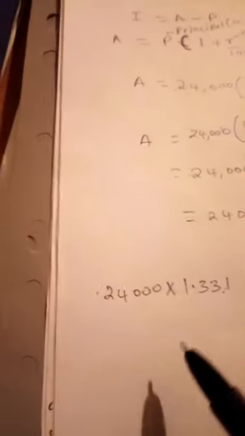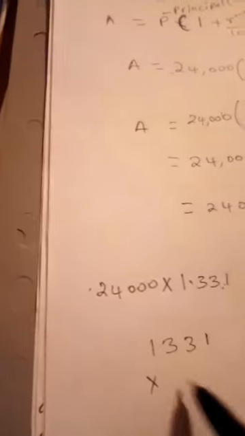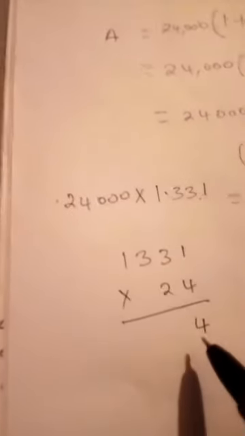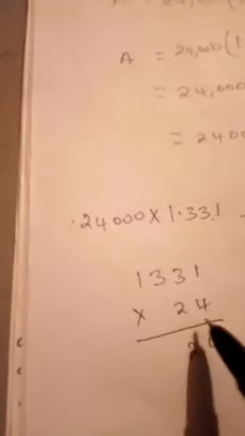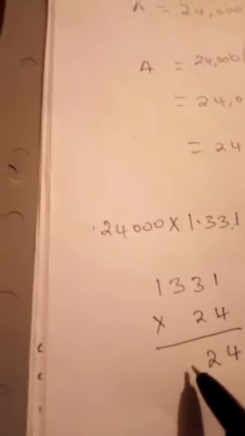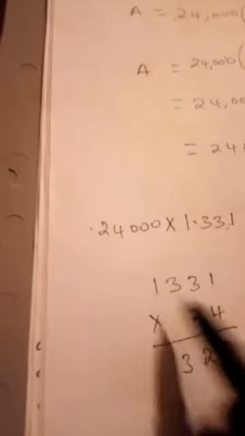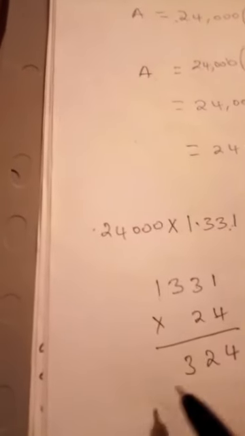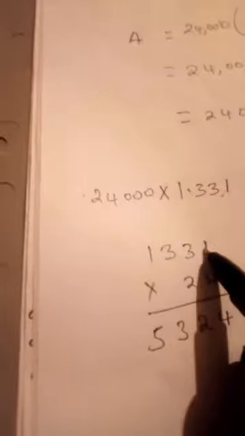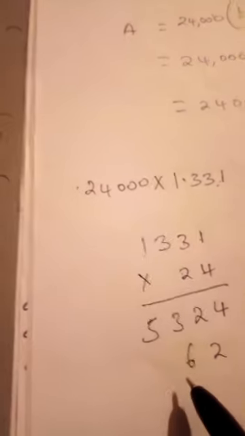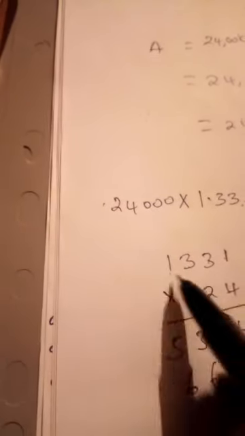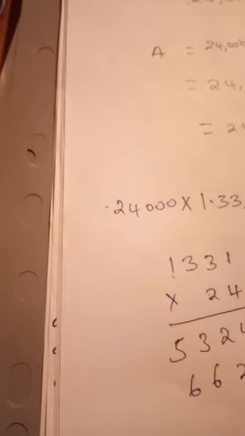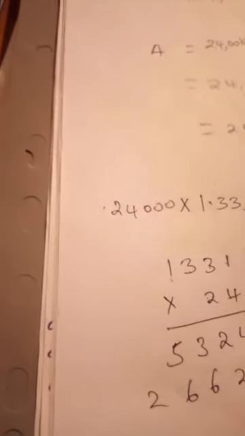This is going to be 1331 times 24. 4 times 1 is 4. 4 times 3 is 12, carry 1. 4 times 3 is 12 plus 1 is 13, carry 1. 4 times 1 is 4 plus 1 is 5. 2 times 1 is 2. 2 times 3 is 6. 2 times 3 is 6. 2 times 1 is 2.